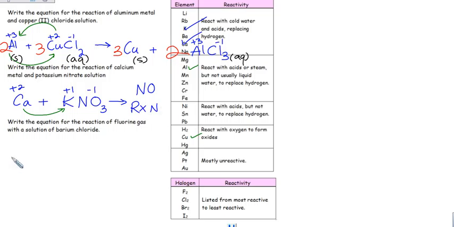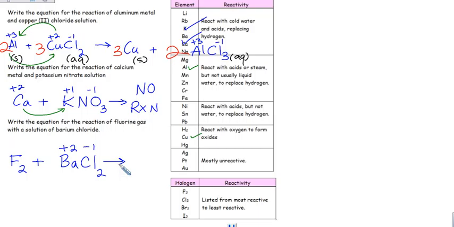Okay, so fluorine gas, all the halogens are diatomic as elements. Barium chloride. +2, -1. I need 2 chlorine. So sometimes people get on autopilot with these, and they assume that you always just switch with whatever element comes first.